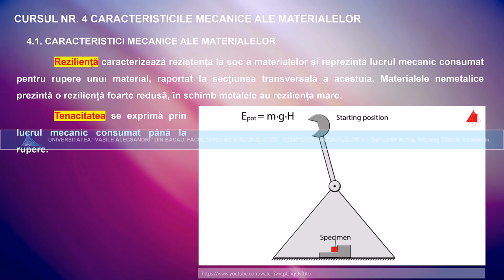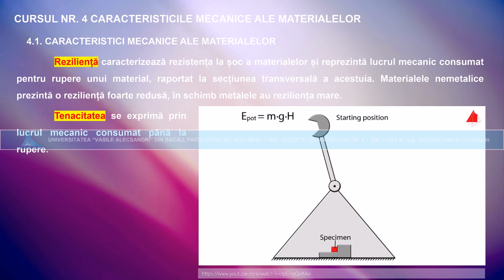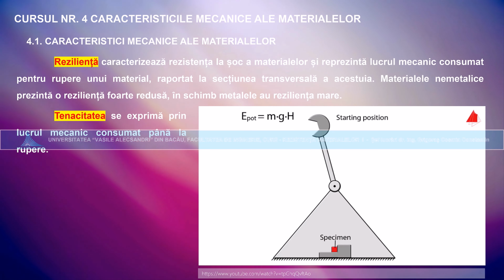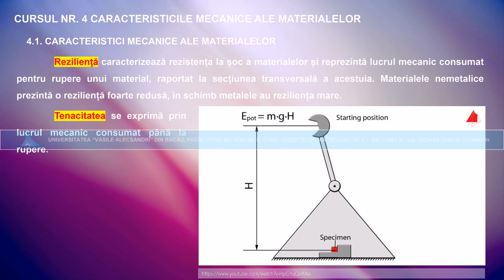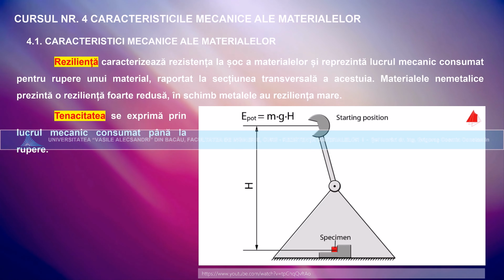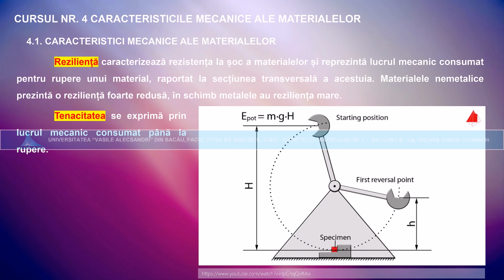Here is the main principle of the measurement. In its starting position, the pendulum only has potential energy. It is given by mass of the hammer m times gravitational acceleration g times starting height capital H. After the pendulum has been released, the hammer moves downwards, hits the specimen and then only swings to height small h.